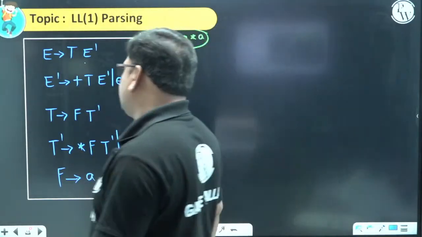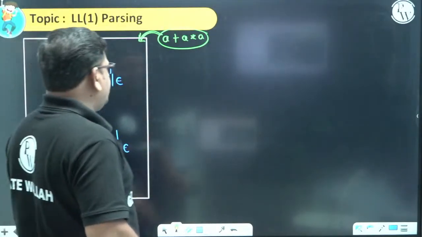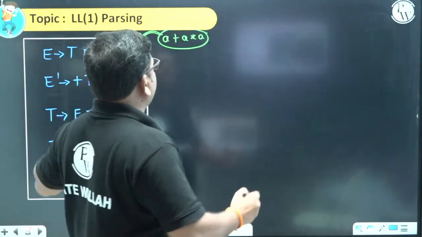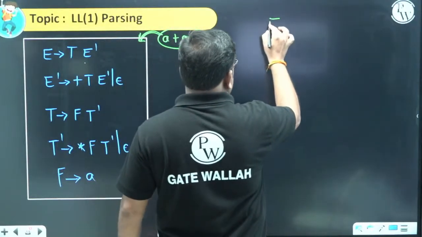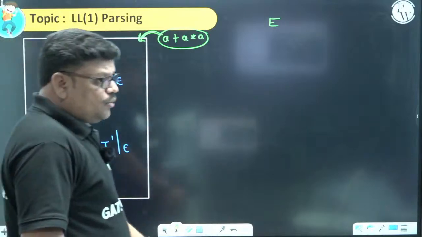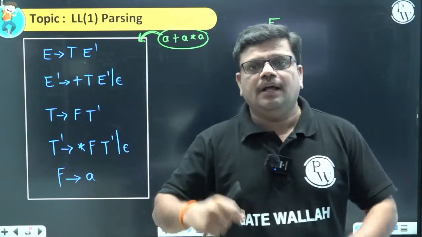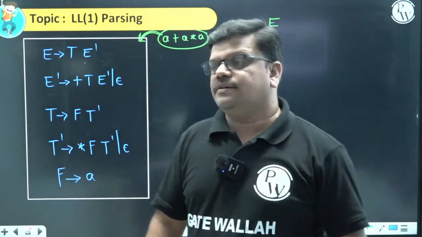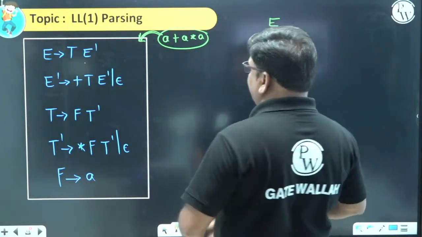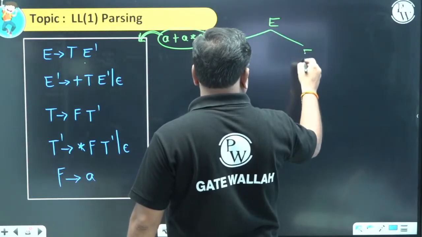Let us perform top-down parsing manually on this input. I want to verify whether this is generated from this grammar or not. Start at the starting symbol E, the starting symbol of the grammar. What is the leftmost derivation here? Every non-terminal is replaced by its right side. E will be replaced by T E dash.